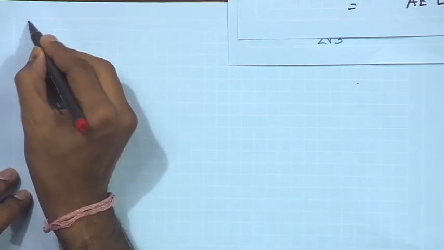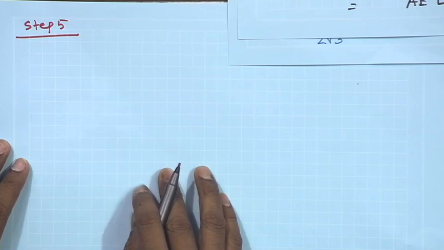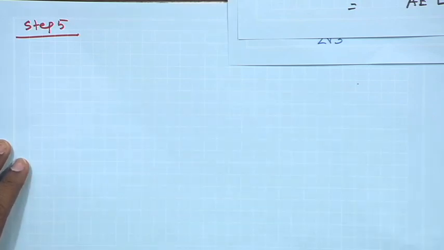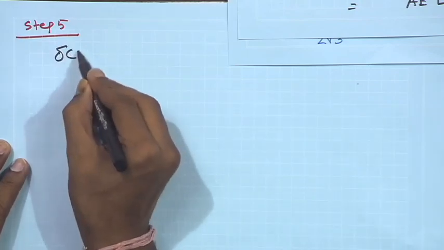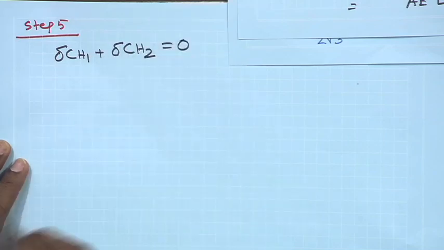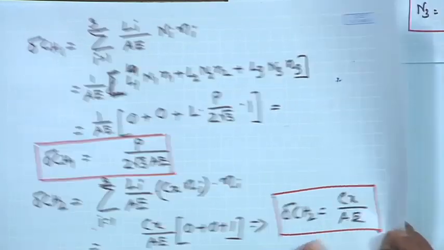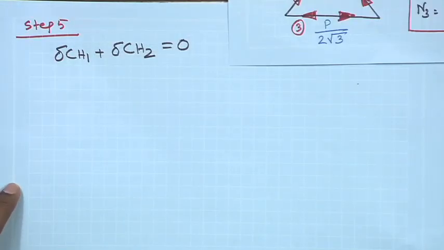So, step 5, compatibility equation. The compatibility equation says that delta Ch1 plus delta Ch2 is equal to 0. Now, we know what delta Ch1 is here and delta Ch2 here. So write it.